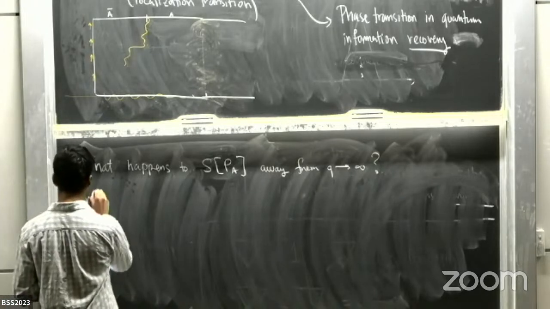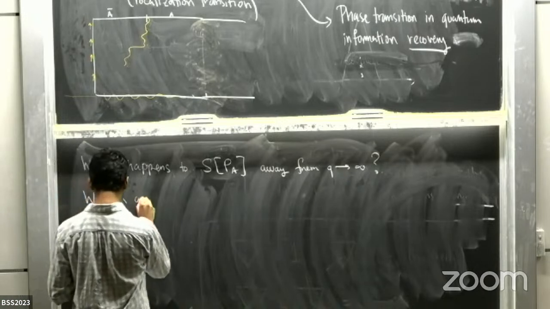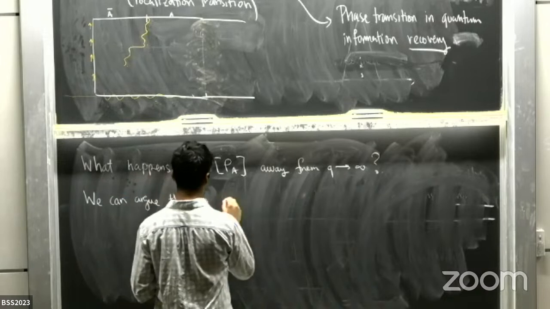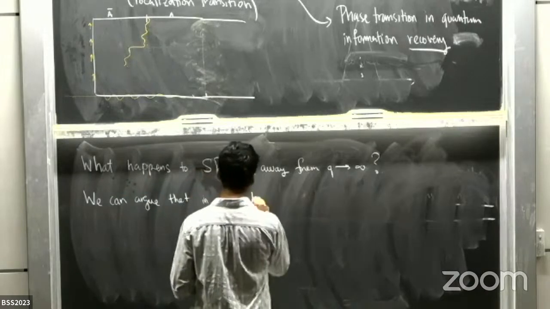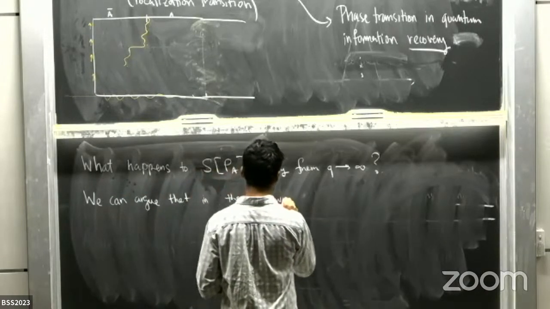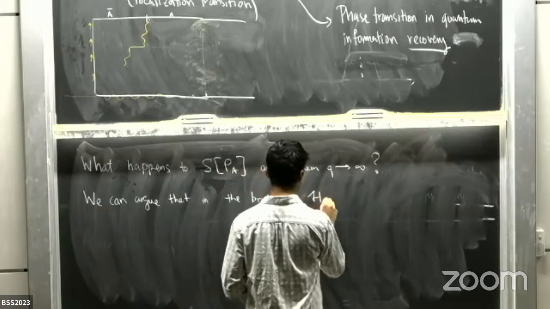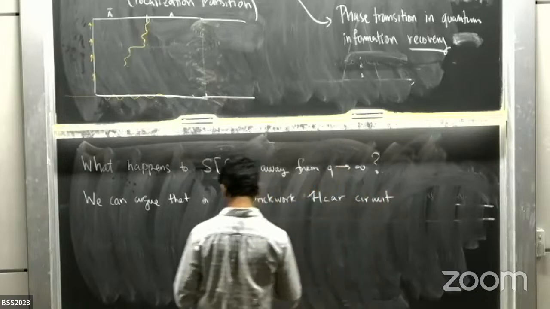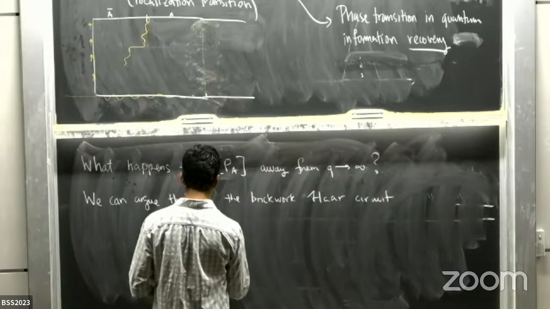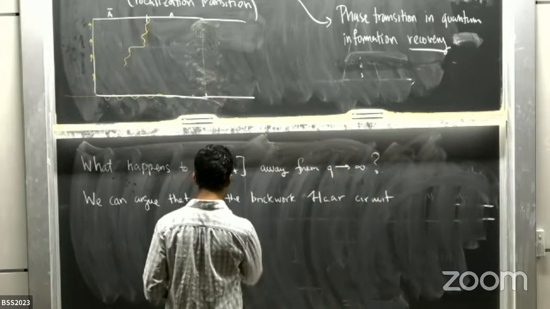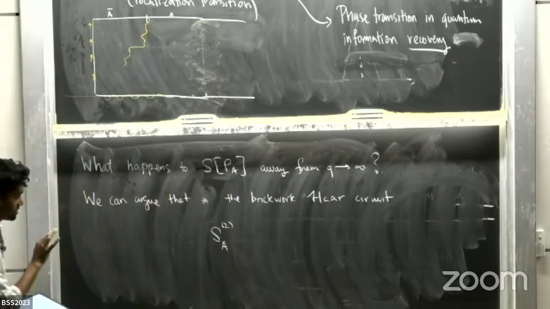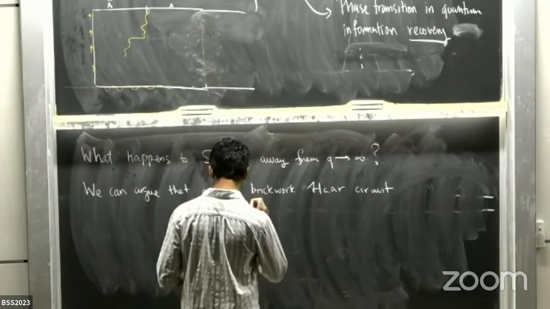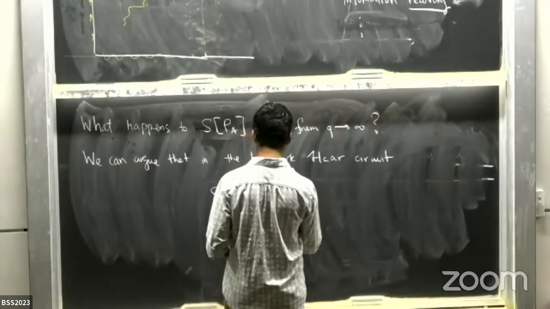And we can argue that in the brickwork Haar circuit, the von Neumann entropy, well, I'm going to be formal and really quote this in terms of the second Renyi entropy, because this is where we have a really good argument.